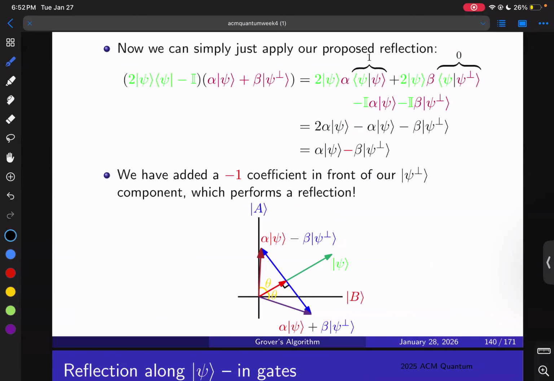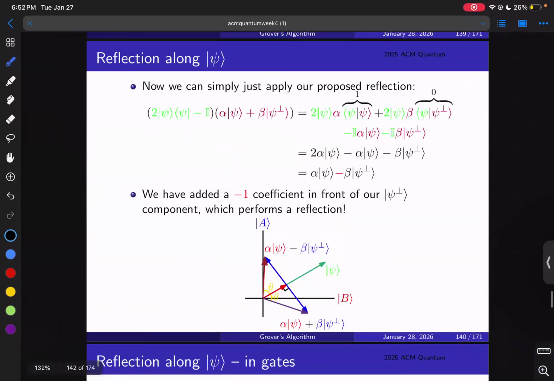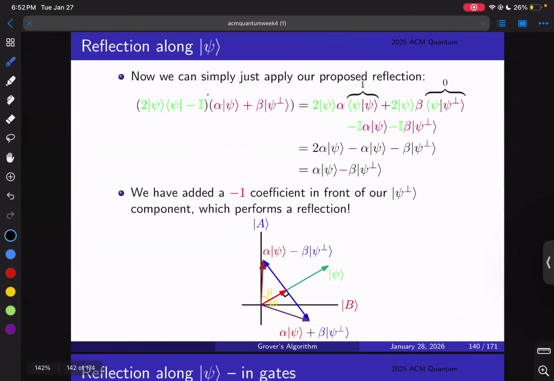And that's exactly what a reflection along psi is. And here's the geometric picture. So you can just stare at that and hopefully convince yourself that that does do a reflection. Or if it didn't make sense, you can just believe me that this gate will do it.